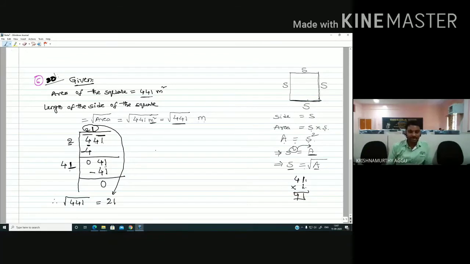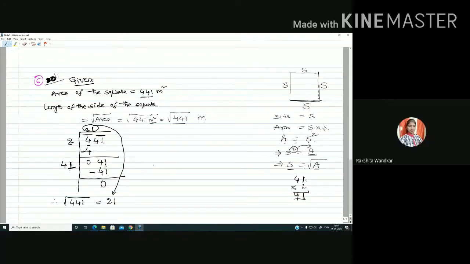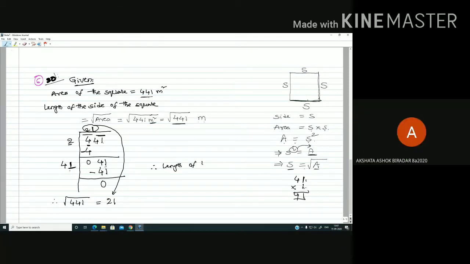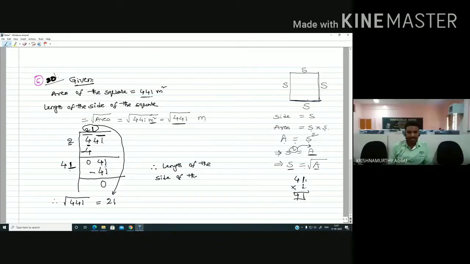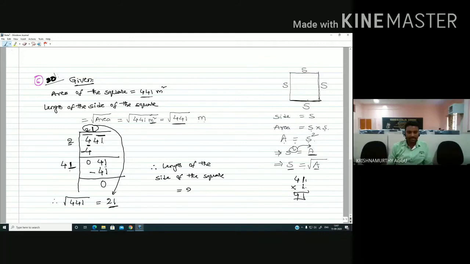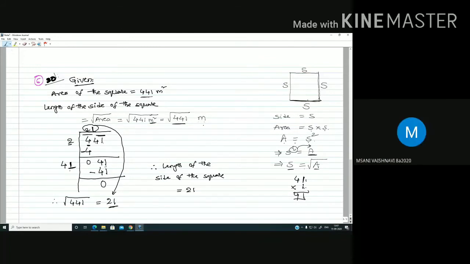So that is why you can tell, in the conclusion line: therefore, the length of the side of the square is 21. 21 what, actually? 21 meter.